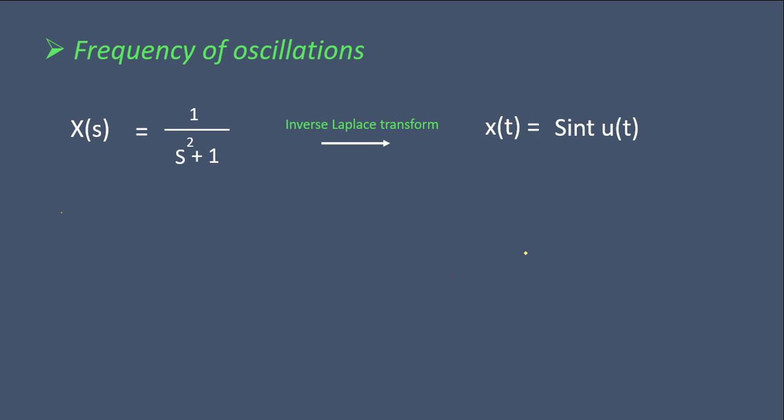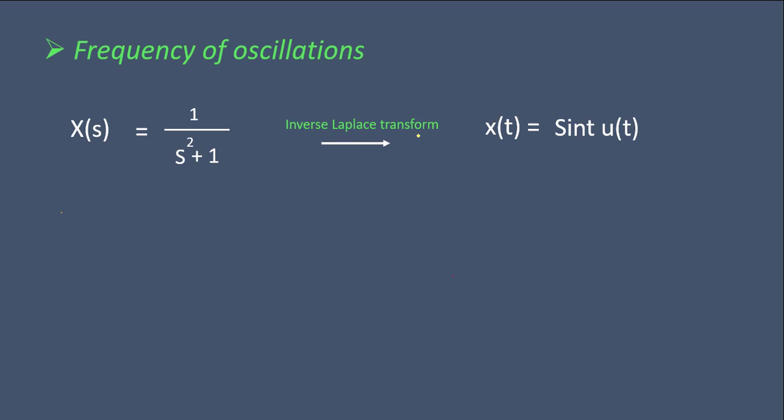Now our next point is frequency of oscillations. Now if you know the pole location, you can tell the frequency of oscillations. To understand this, let us consider one example. I have a transfer function X of s which is given by 1 upon s square plus 1.